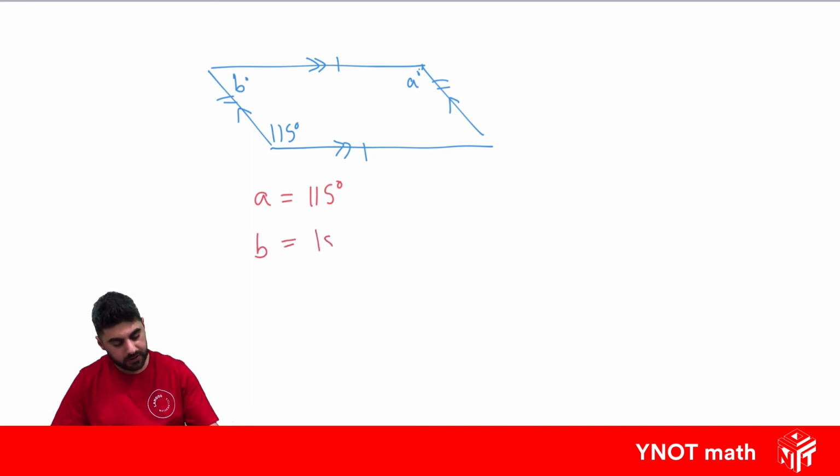So B has to equal 180 minus 115, and we're going to get 65 degrees because of co-interior angles.